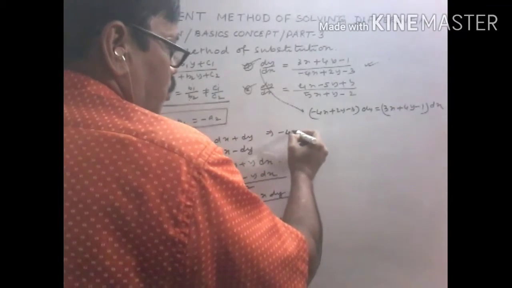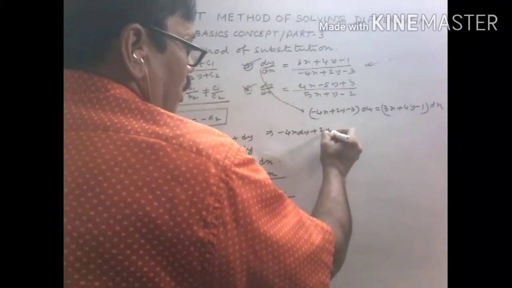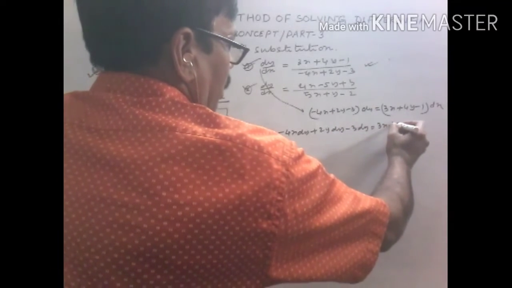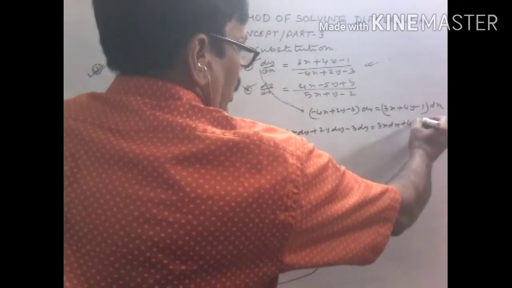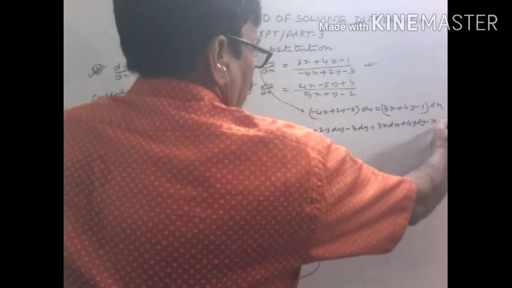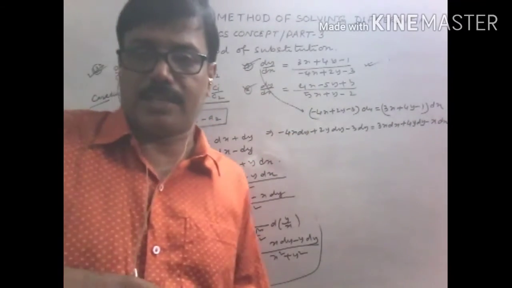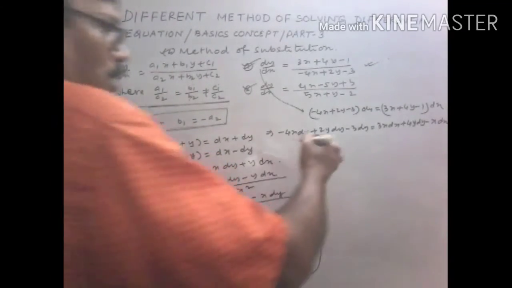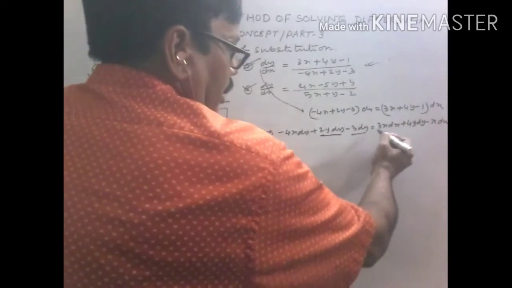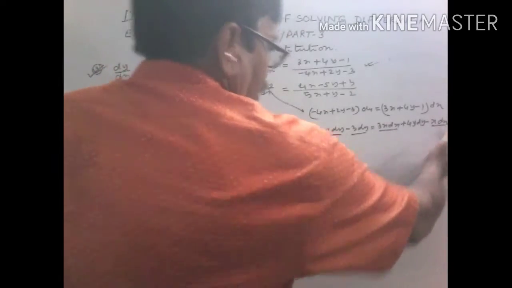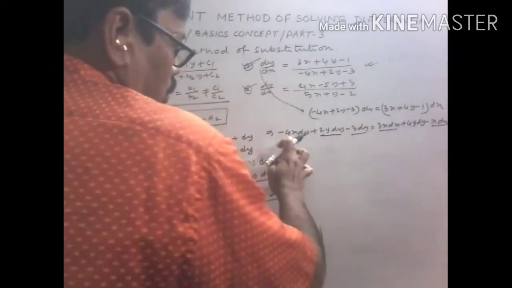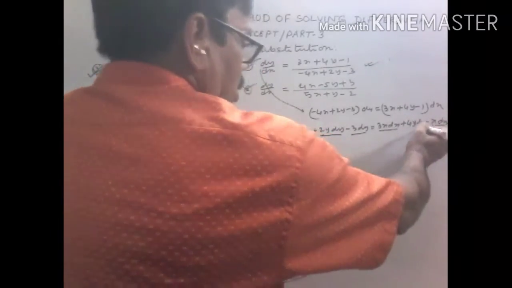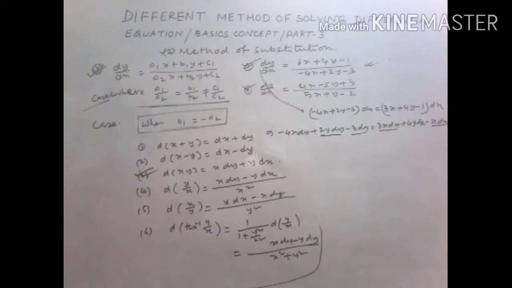So write minus 4x dy, 2y dy, 3 dy, and expand the other side: 4y dx, minus x dx. Now look, we can integrate the other terms. Only 4x dy and 4y dx, these two terms create a problem.